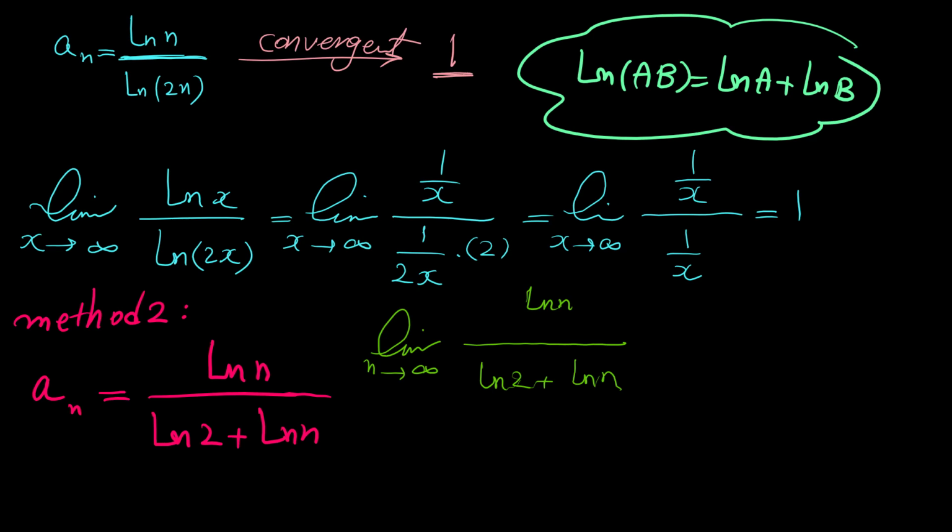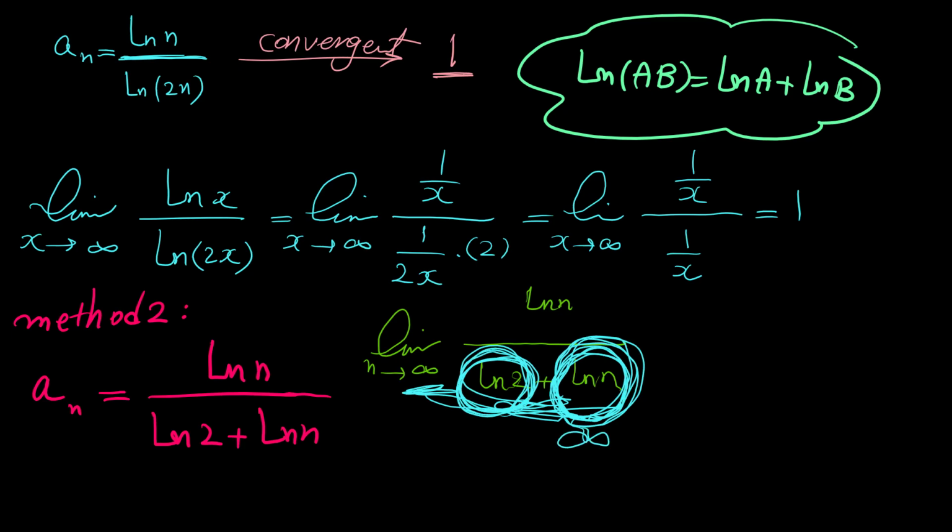Now, between these two terms, which one is the dominant term? Of course, ln of n is the bigger term, the dominant one, because ln of 2 is a number, but ln of n, because n approaches infinity, is infinity.